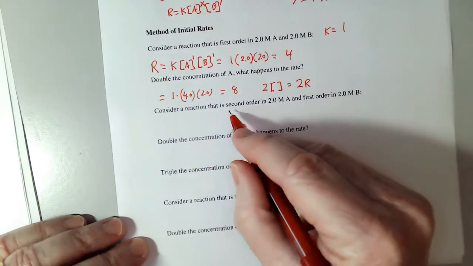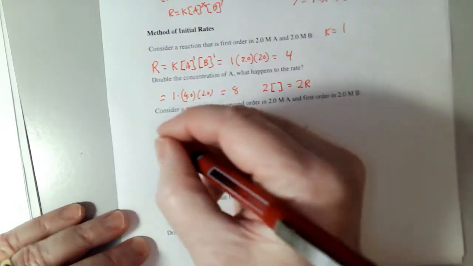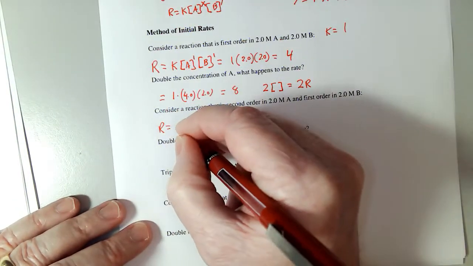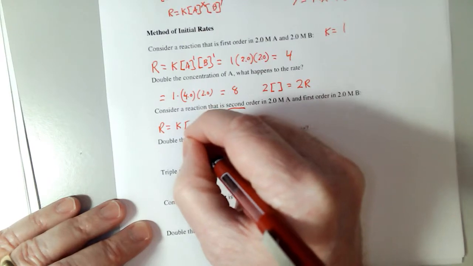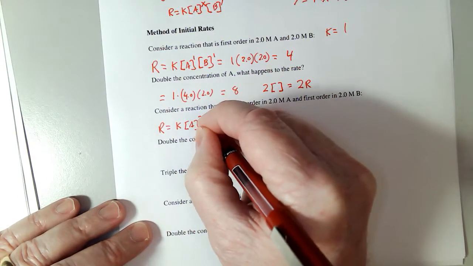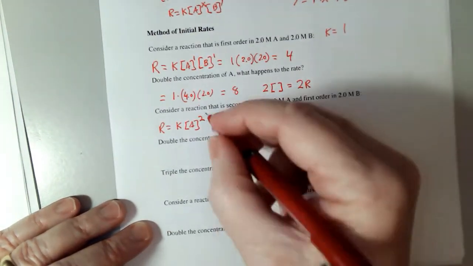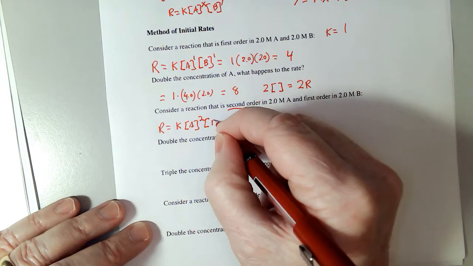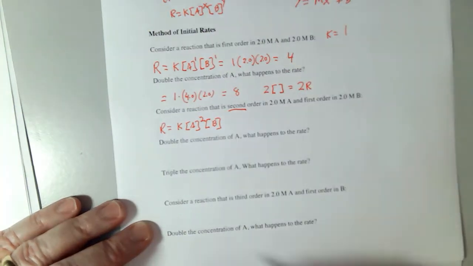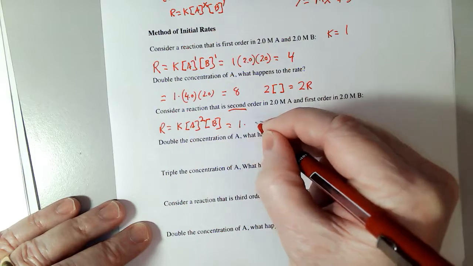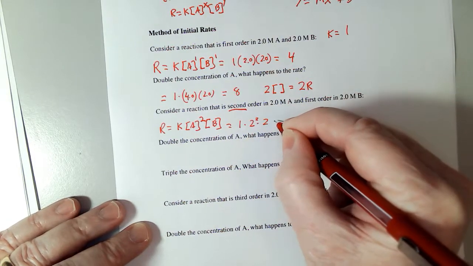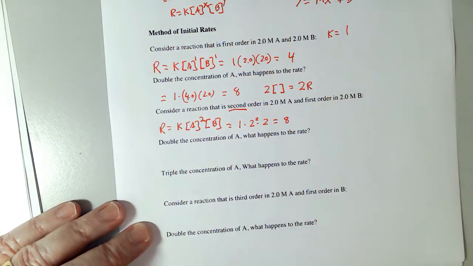So now this time we have a second order reaction in terms of A. R equals k times A, and that would be squared. That's how it looks different for a second order. It's B. So this equals 1 times 2 squared times 2, which equals 8.